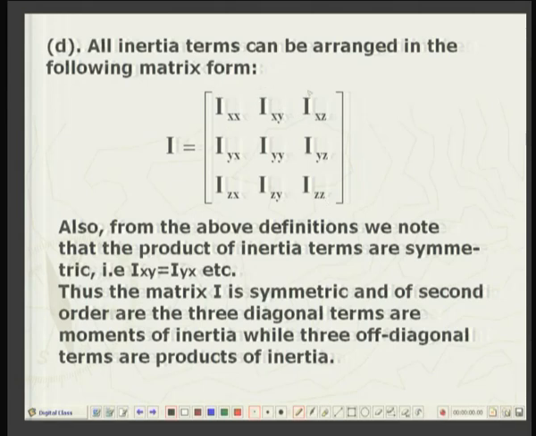The off diagonal terms, we have already seen, are symmetric: Ixy is equal to Iyx, Izx is equal to Ixz, etc. These are the product of inertia terms. Although it is a 3 by 3 matrix and should have 9 terms, there are effectively 6 terms, 3 diagonals and 3 off diagonals, because the other off diagonals are symmetrically placed.